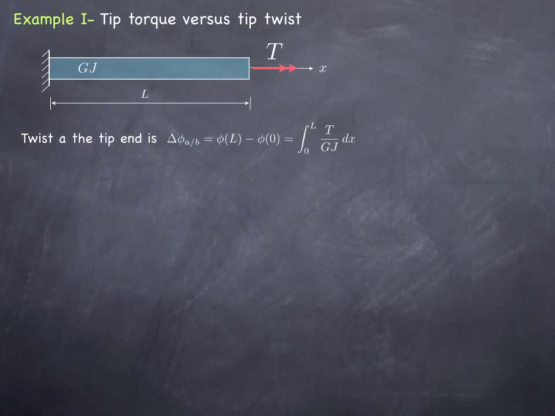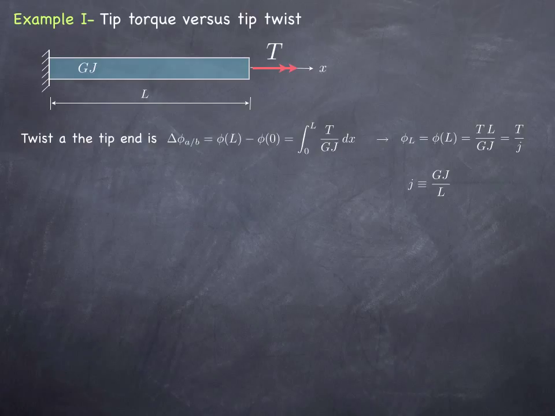It's fixed, so the tip twist phi at L is merely an integral of the torque diagram for the shaft divided by the GJ, integrated from 0 to L. And since the torque across this determinate problem is simply T and constant, the integral is quite easy to evaluate. It will be just T times L over GJ.